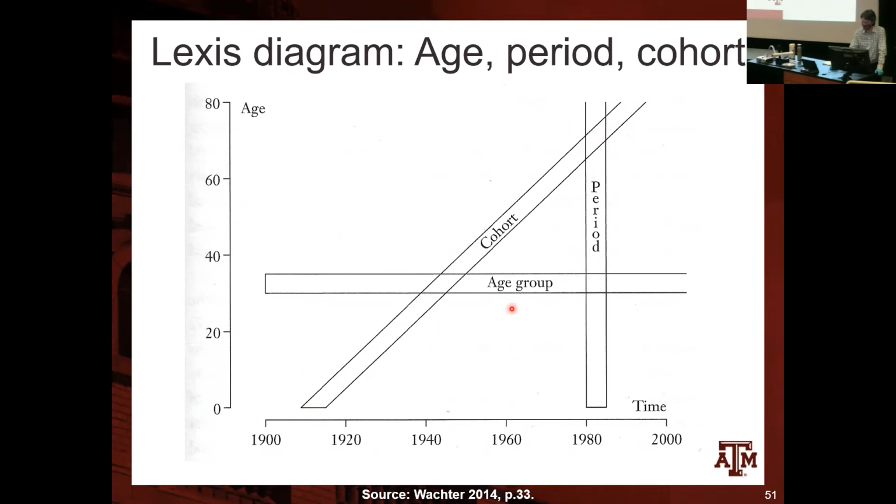In 1960, it's going to be right here. People in this area here are people from this cohort that were born back then in 1910 and 1915. So I can get a lot of period data and reconstruct a specific cohort.